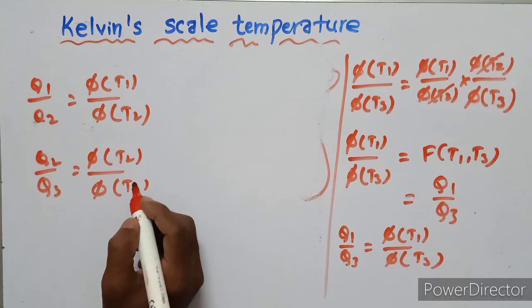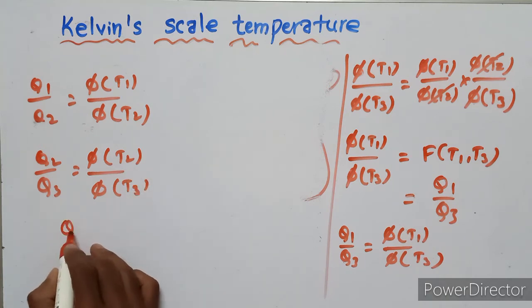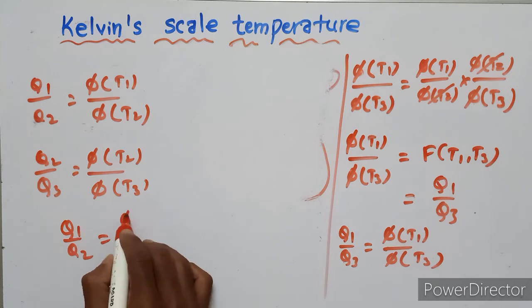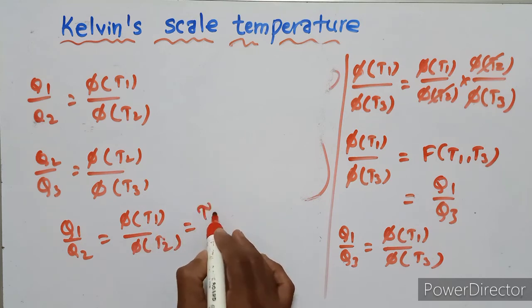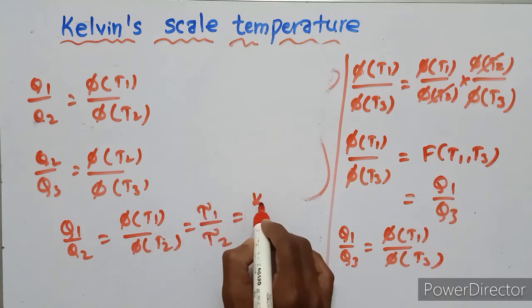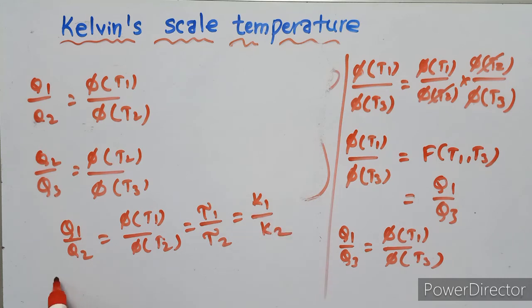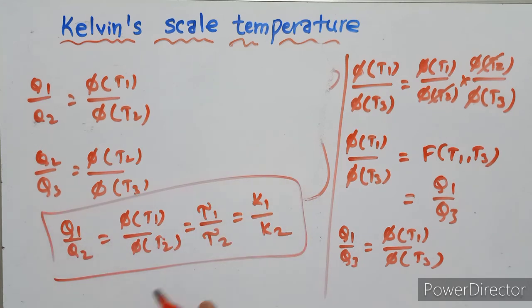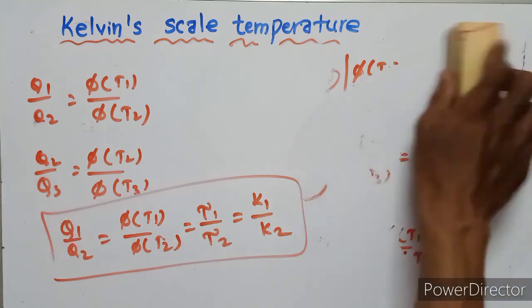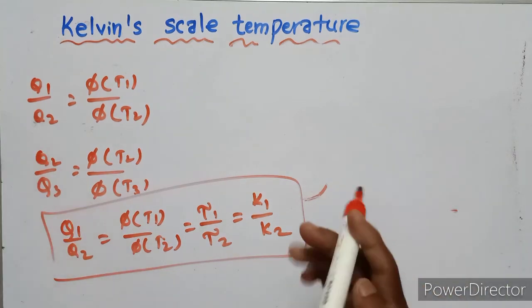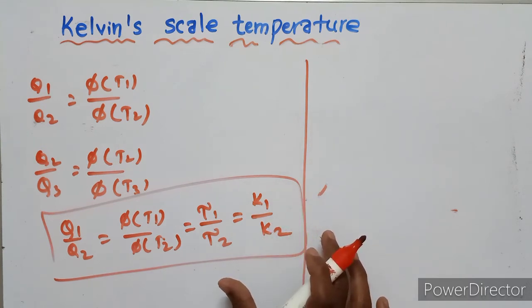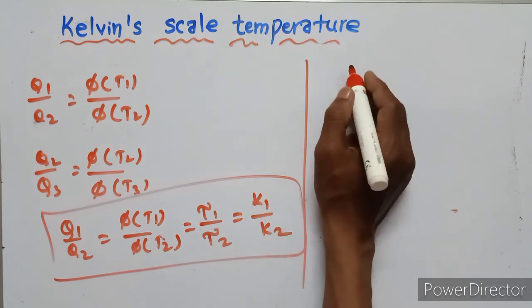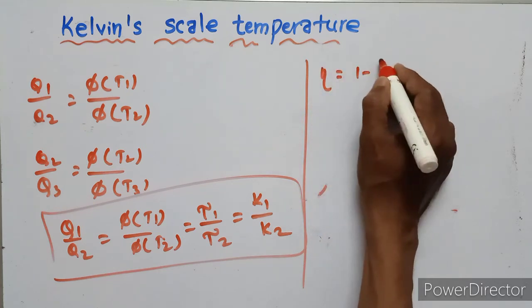So finally, Q1 upon Q2 is equal to phi of T1 upon phi of T2. The special functions can be written as tau 1 upon tau 2, which represents the Kelvin scale temperature. So the efficiency of a reversible engine can be written in terms of temperatures tau 1 and tau 2 as eta equals 1 minus tau 2 upon tau 1.